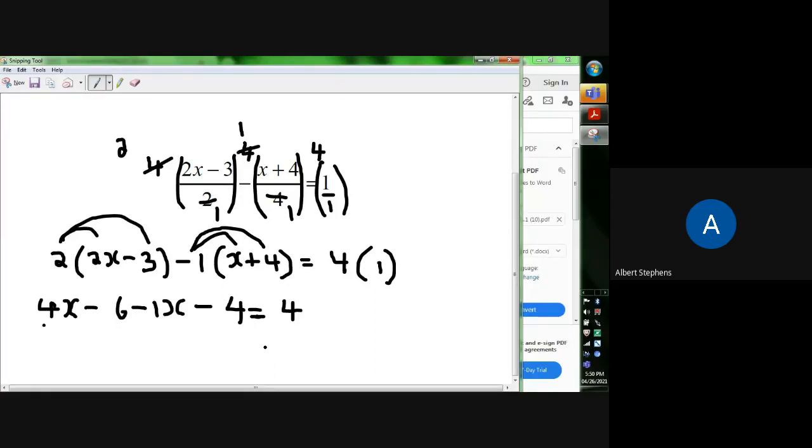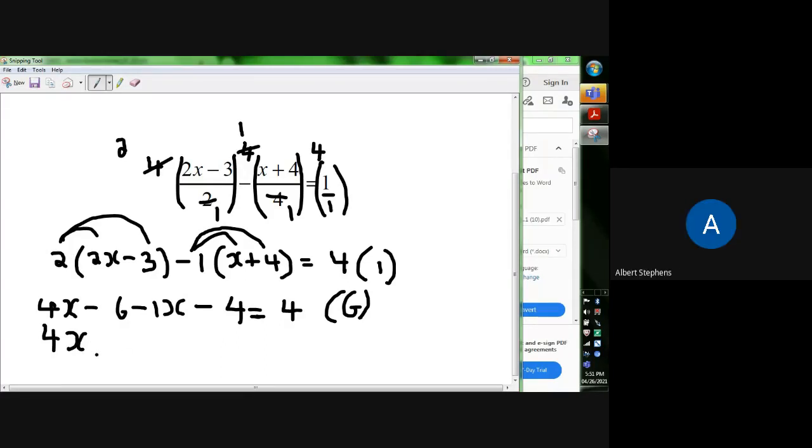Anybody want to take it from here? What's the next step? It starts with G. Grouping the like terms. Jody, you want to take it up from here? Okay, sir. So you're going to say 4x minus 1x, or x.